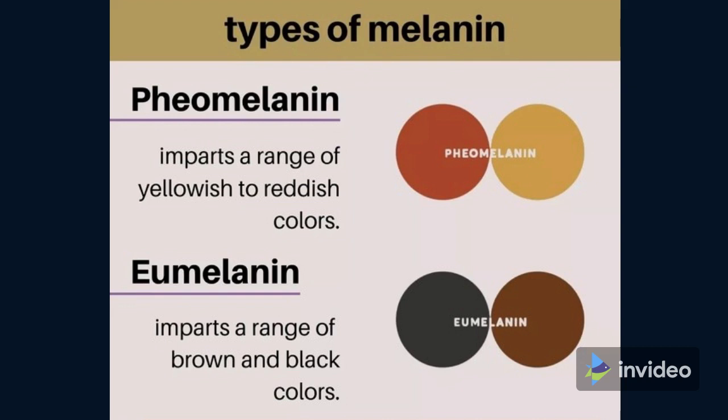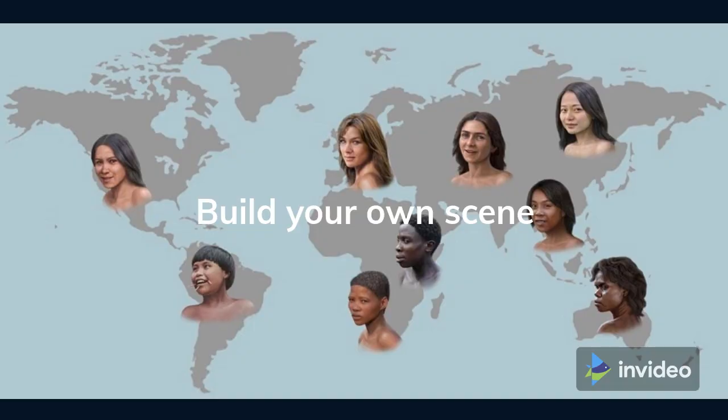Skin color evolved from the amount and the intensity of sunlight and population, which is based on the proximity to the equator, how close or how far away one is from the equator.